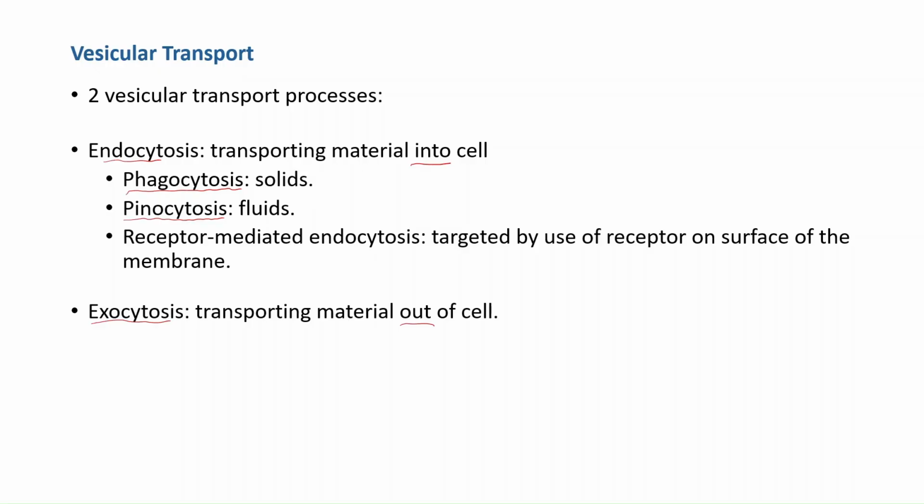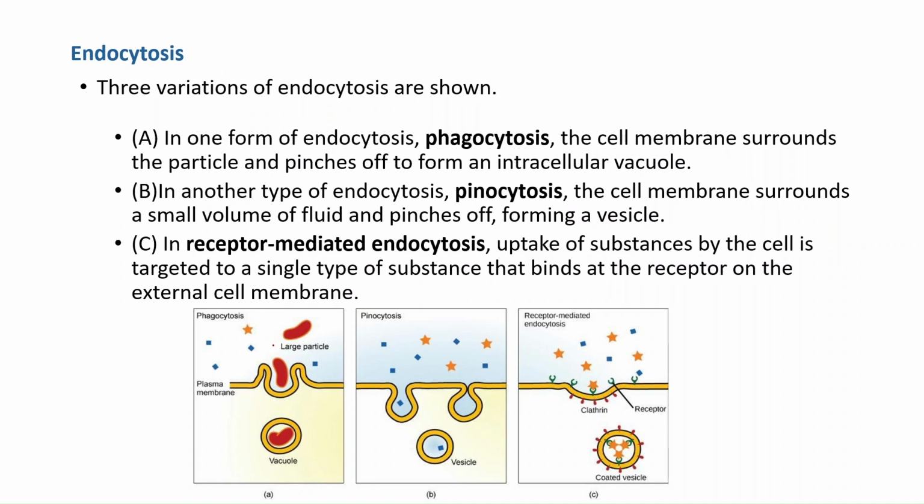And then there is receptor-mediated endocytosis that allows receptors to target what things are going to be taken into the cell. Okay, and we're going to look at an example in a minute. Exocytosis, on the other hand, means, like I said, transporting materials outside the cell. So here I'm trying to show you phagocytosis.